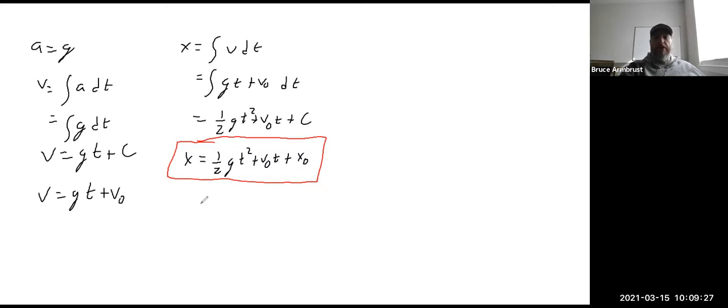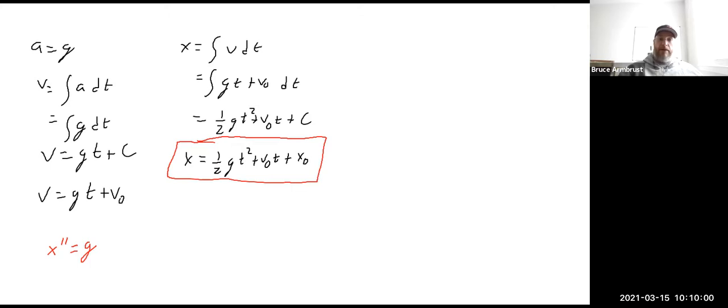But what we're really doing is we're solving differential equations. Let me put it into the context of differential equations. We just solved x double prime equals G. So this is a second order differential equation, but it's an initial value problem because we know some things about it.